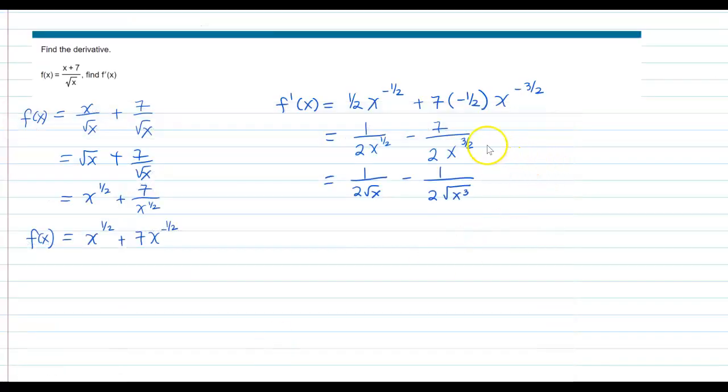Oh, I guess we have a different problem than what I was looking for, because this is 7 and the other one was 5. Okay, so that should be the answer.